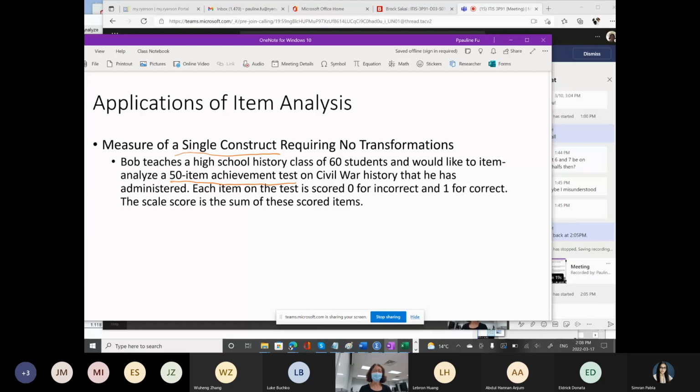Each item on the test is either 0 or 1, with 0 representing incorrect, 1 representing correct. The scale is the sum of these scored items. So what is the scale in this example? It is just the sum of these scored items. Okay, we just have one single construct, student test mark.